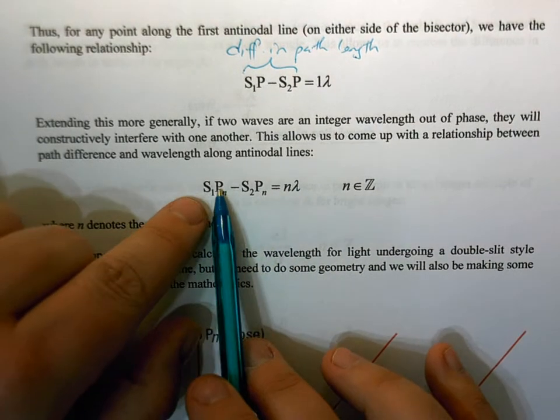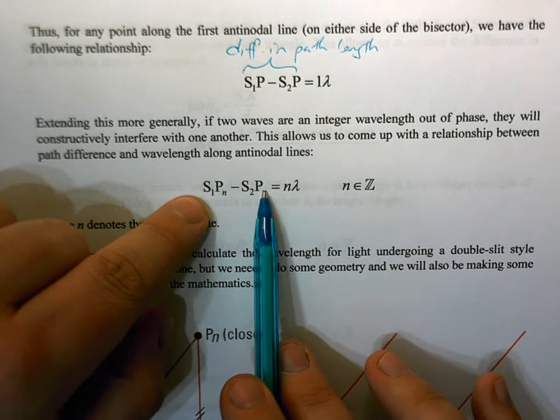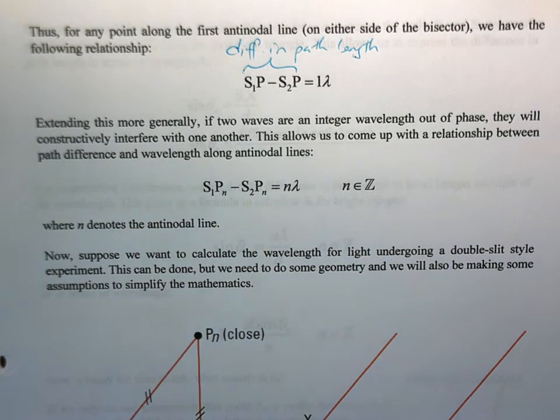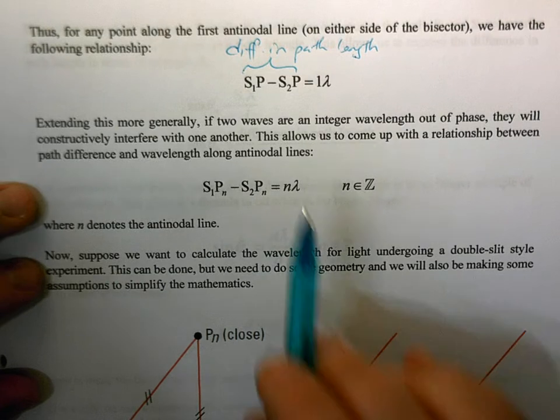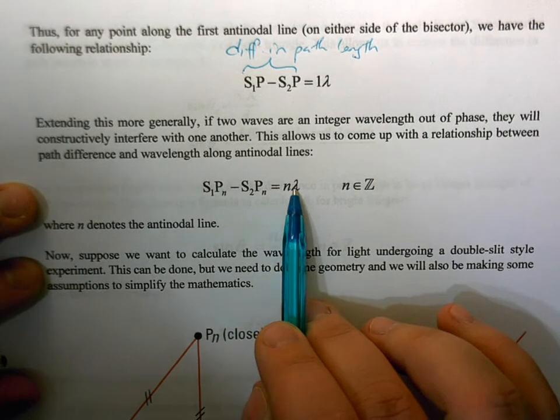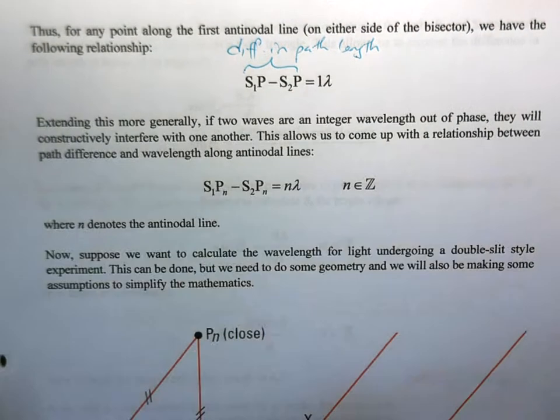What we're trying to establish is that the difference in path length is equal to an integer multiple of the wavelength to get constructive interference. We're going to clean this up, but the main thing for constructive interference is that the path length difference be some integer multiple of the wavelength: 0 wavelengths, 1 wavelength, 2 wavelengths, and so on.